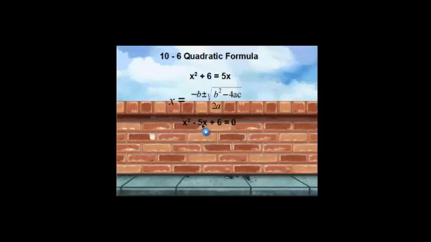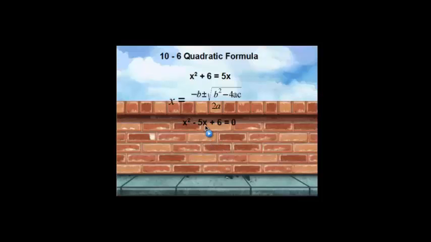To do that, you have to know which one is a, which one is b, and which one is c. Negative 5 will be your b, 6 is your c, and what are you going to have for a? That's right, you're going to have 1 because there's no number written down there. So take a second to plug that into all of those variables. And remember, when you substitute in, yes, you do need parentheses.